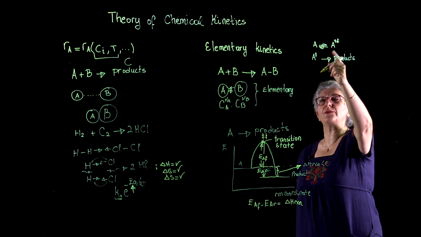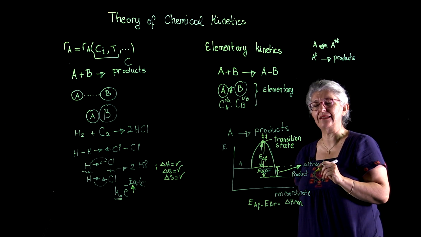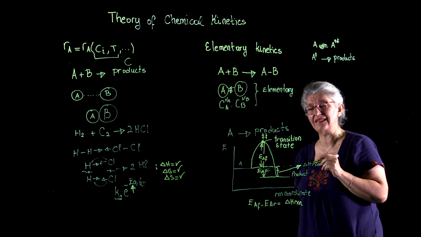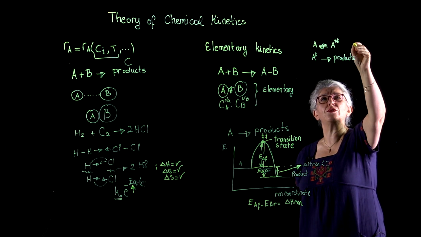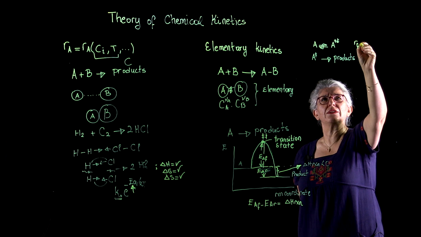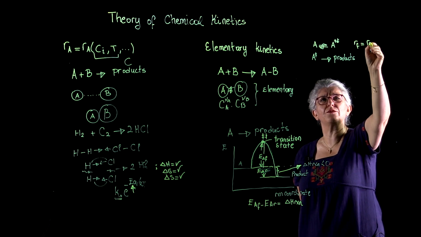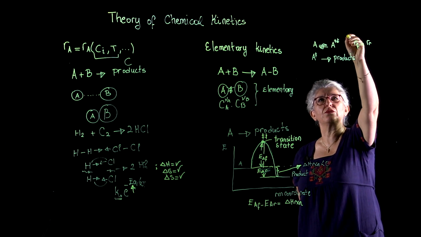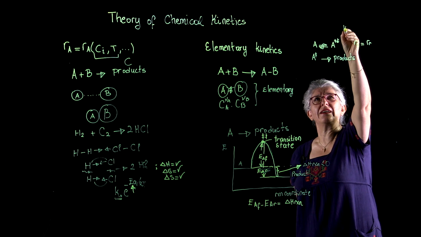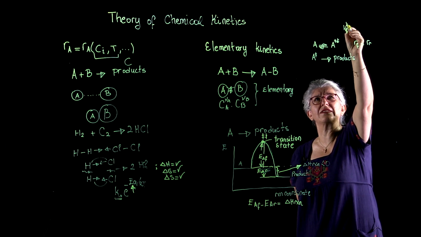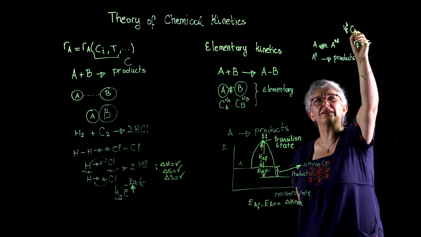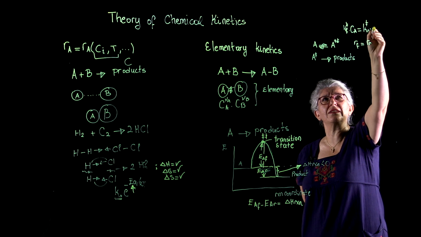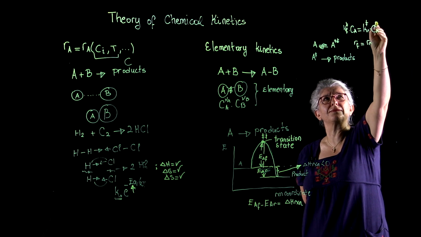When A is equilibrated with its transition state, the net rate of forming that transition state is 0. So in other words, rate forward is going to be equal to rate reverse. Forward rate will be K forward to transition state times CA, and rate reverse will be K reverse to the transition state times CA dagger.